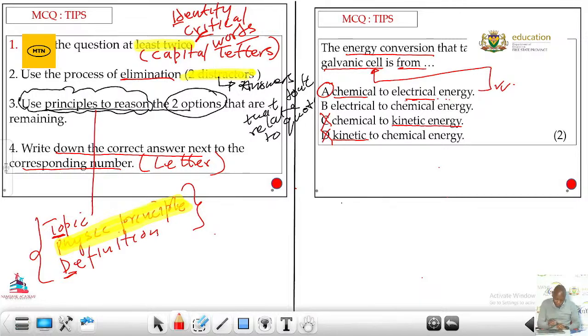Another tip which I did not add here: when it gets complicated in multiple choice, please write anything. This is the only section where you are allowed to at least guess or write something, because when you leave a space, unfortunately, there isn't any mark.